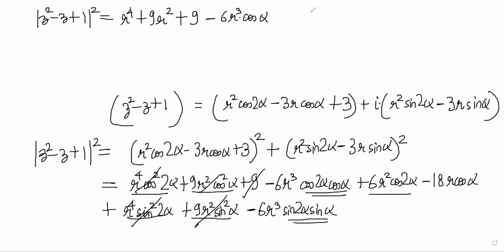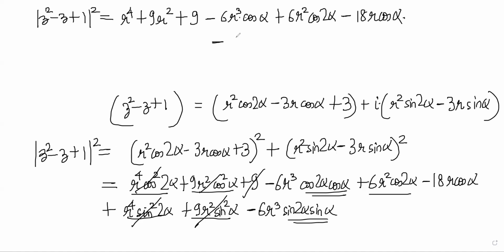And this is plus 6r square cos 2 alpha and minus 18r cos alpha. So this is the expression that we are getting. And I want to show that this is greater than 1 by 4. That's my target.